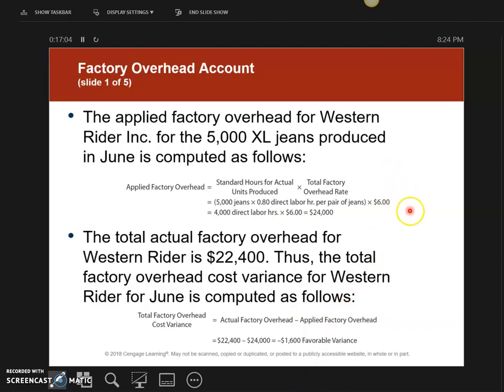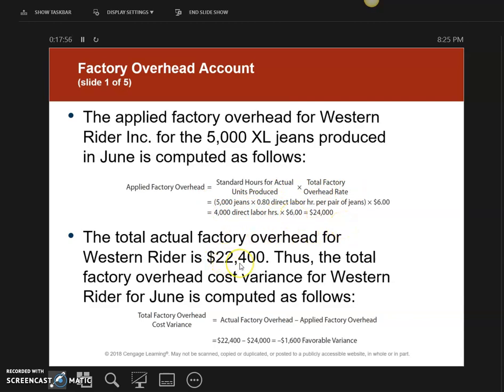Here's a little example of factory overhead. Now I'm going to show you how it's all put together. My applied factory overhead is my standard hours for actual units produced times my rate: 4,000 direct labor hours times 6 is 24,000.